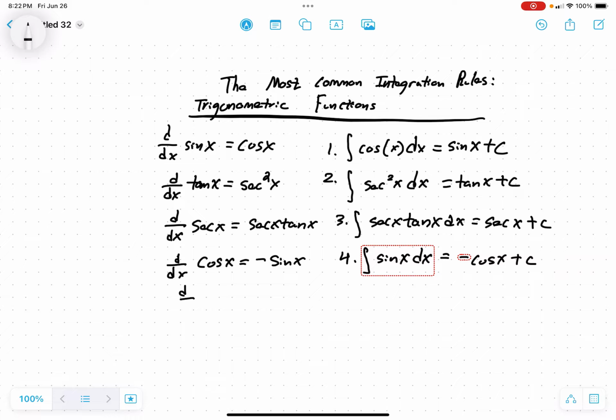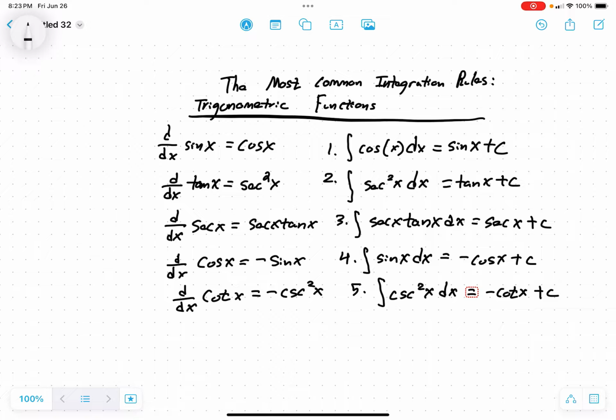Now, d/dx of cot x, we know, is equal to negative cosecant squared x. And therefore, I can say the integral of cosecant squared x dx equals negative cotangent x plus c.